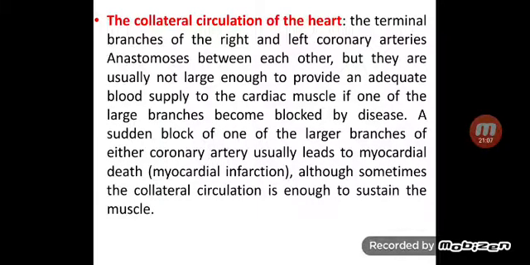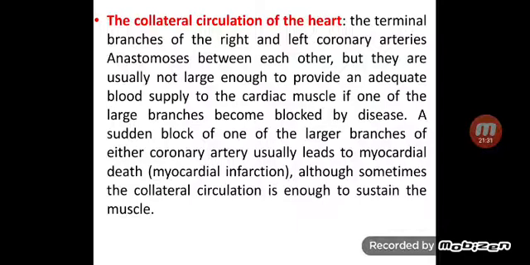So a sudden block of a large branch of the right coronary artery or left coronary artery will lead to damage or death, necrosis, in the myocardial fibers, in the myocardial layer.